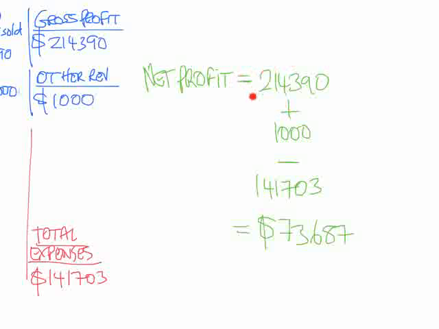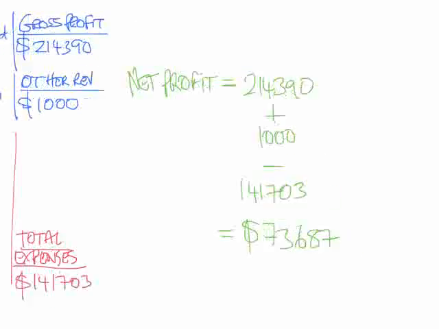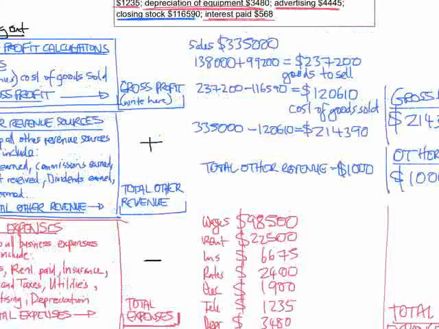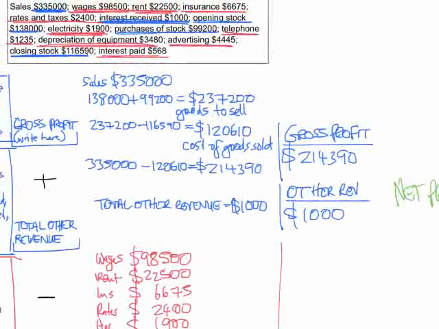So after all of that, we have worked out the total business earnings, after you've considered the cost of actually selling the things that it gets profit on, then adding on its other revenue sources, then taking away all of its expenses to keep itself running, it actually only earns this much profit. So that's a fair ways off what you would initially have a look at when at the end of the year you would look, oh, we sold $335,000 of stuff.